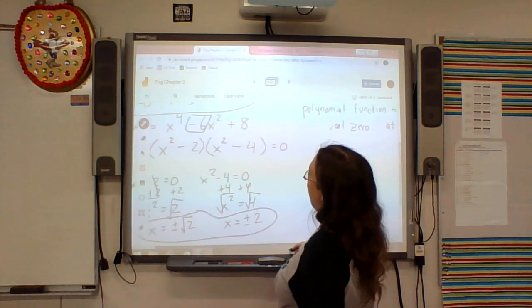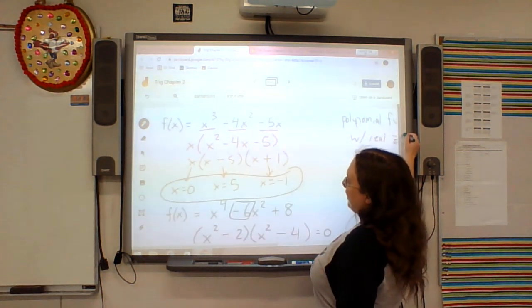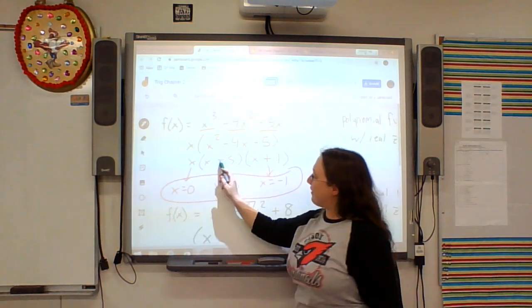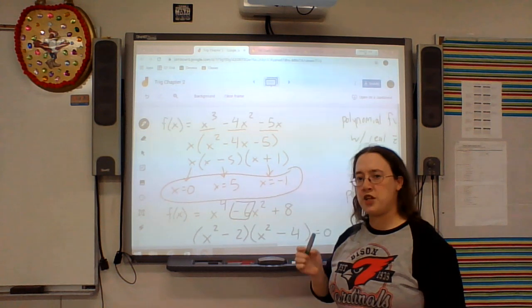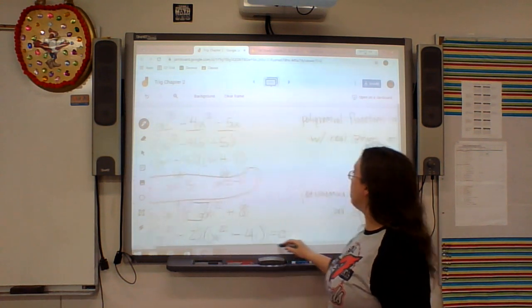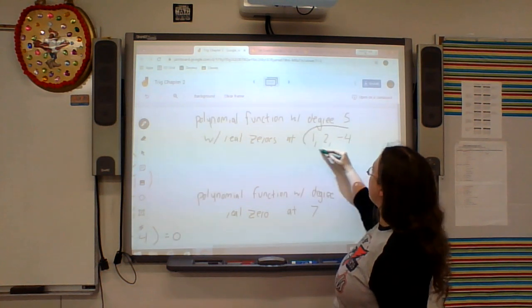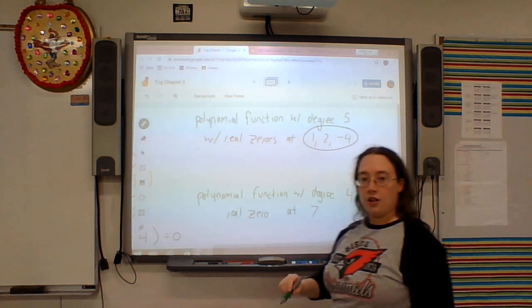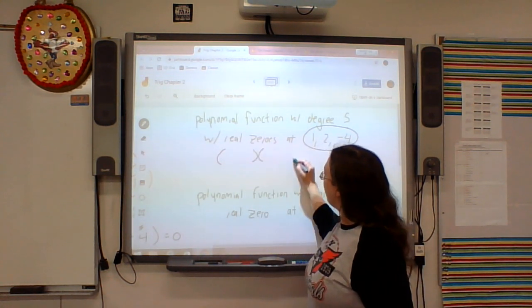All right, now, if this means that we have zeros here, the last thing we're going to do is we're going to go in reverse. So this means that if we want a polynomial with zeros at 1, 2, and negative 4, all we have to do is throw some parentheses here.